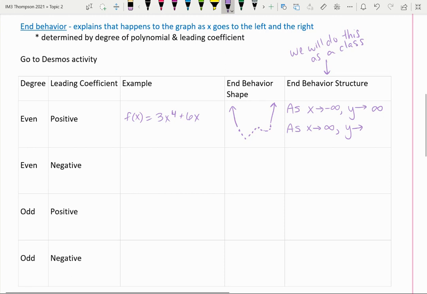As x goes to positive infinity, so as x goes to the right, what happens to y? It also goes up. So this is left, and this is right. It goes up and up.